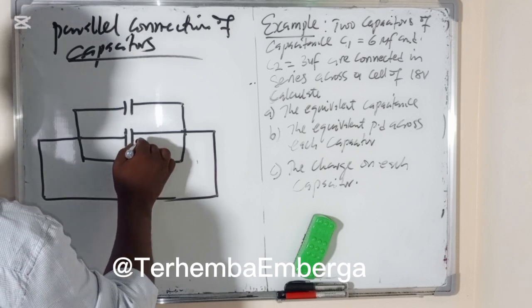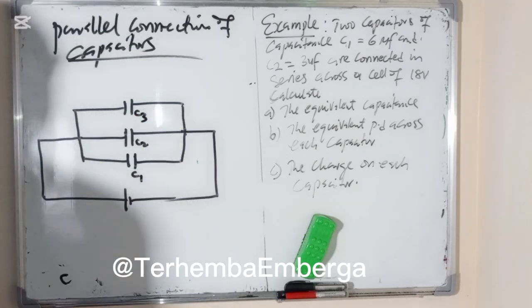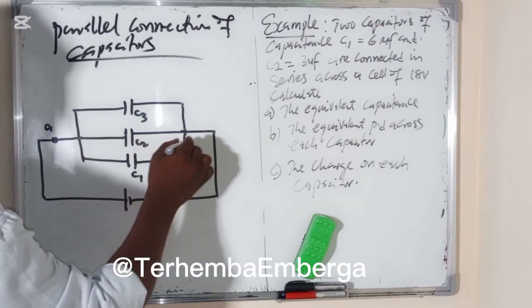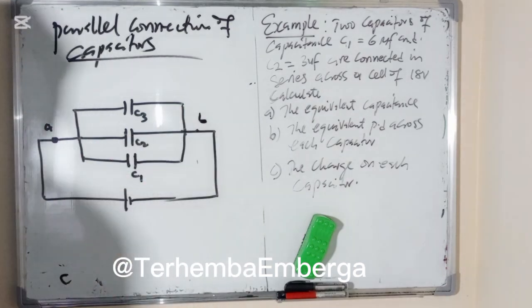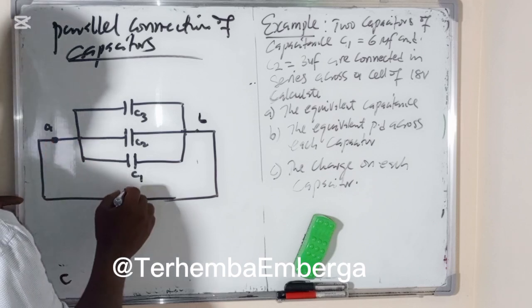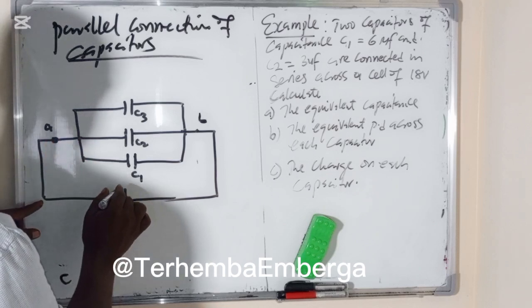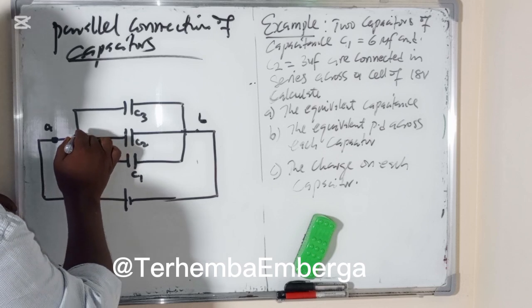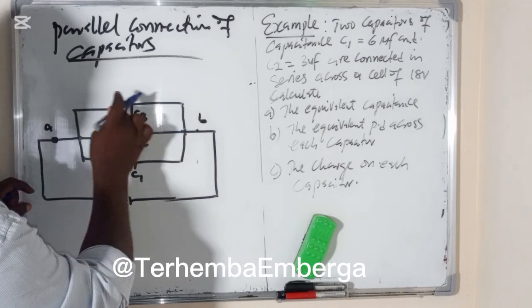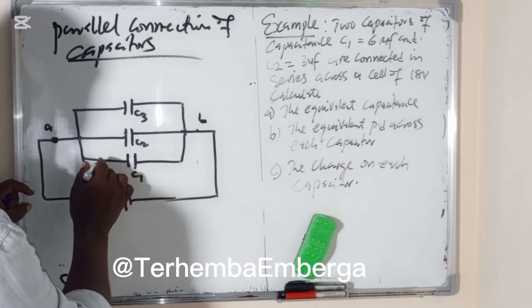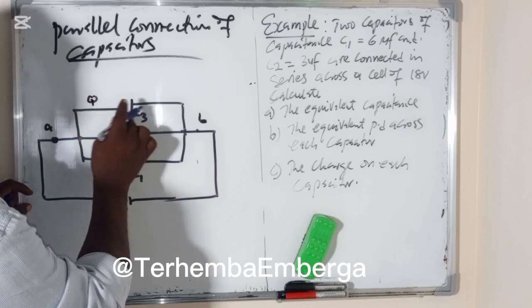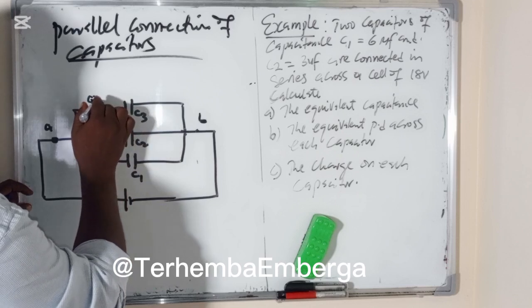This is C1, C2, C3. If this is point A and this is point B, the charge that is flowing from this cell, by the time it gets to this point, will now split. The charge going to C1 is Q1, the charge going to C2 is Q2, and the charge going to C3 is Q3.